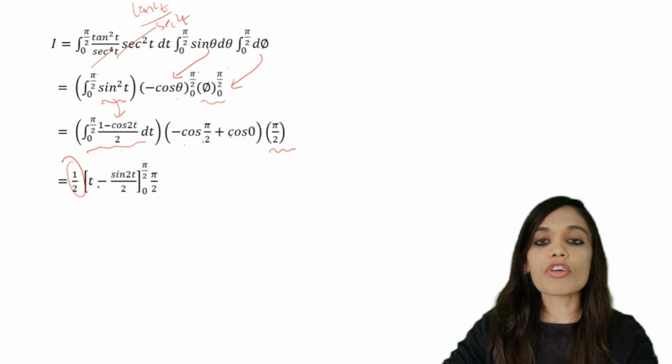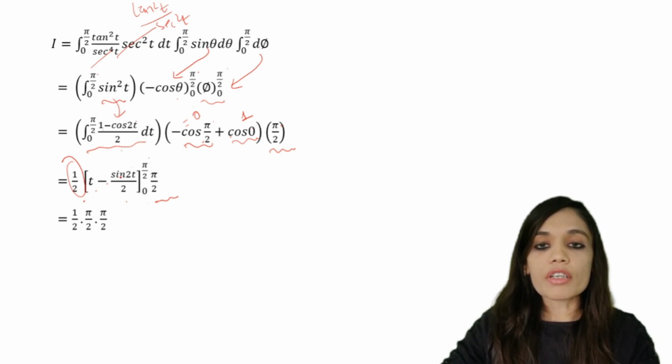So the integration of 1 will be t minus the integration of cos 2t, which will be sin 2t upon 2, and your limits are 0 to pi by 2. Now we know cos pi by 2 is 0, so this term is gone, and cos 0 is 1. So 1 into pi by 2, only pi by 2 will remain. Now this 1 by 2 will remain as it is.